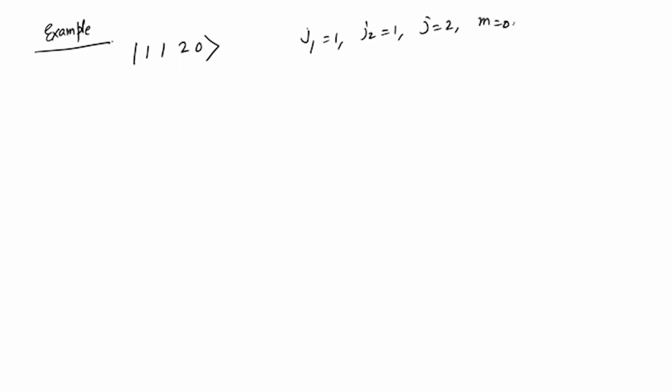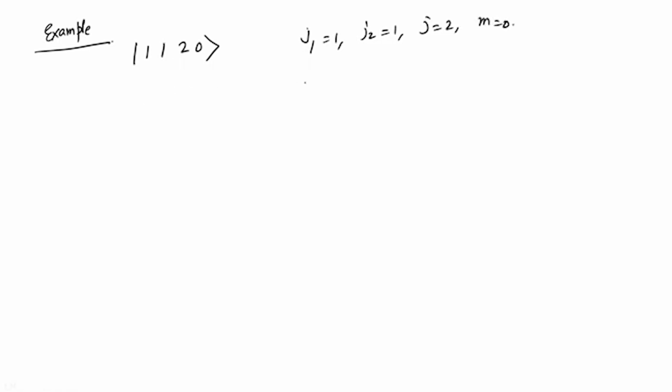So, for the second example of finding the Clebsch-Gordan coefficients, let's say the state is given as 1 1 2 0, which means that J1 equal to 1, J2 equal to 1, J equal to 2, and M equal to 0. Okay.